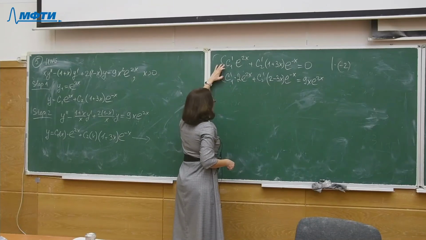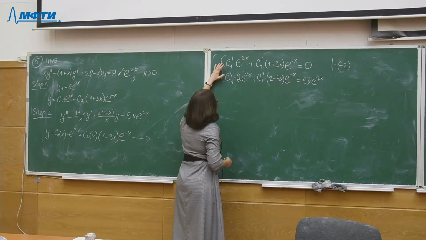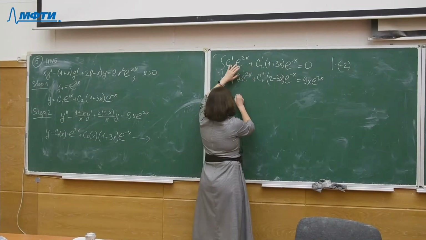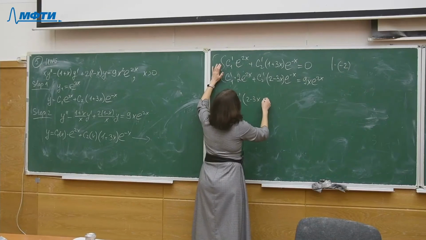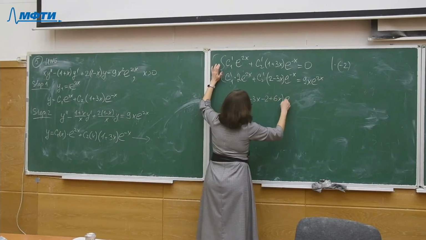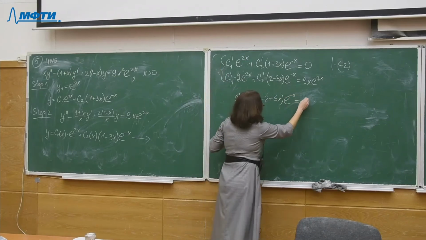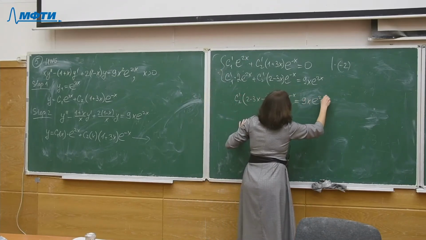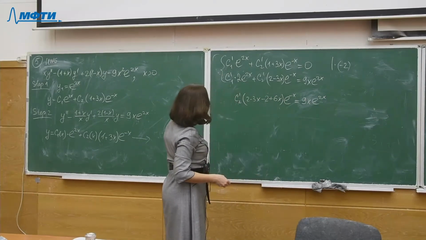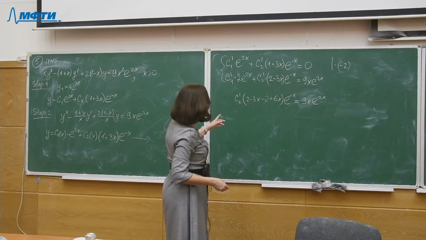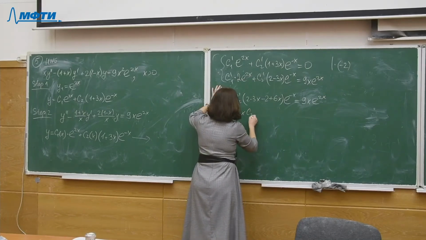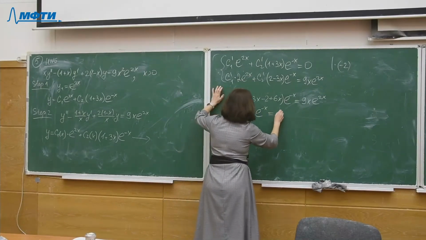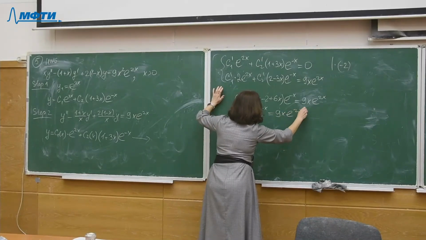C1 prime will be cancelled, and we will get the following equation: (2 minus 3x minus 2 plus 6x) times e to negative x equals 9x e to 2x. It is the same as 3x C2 prime e to negative x equals 9x e to 2x.